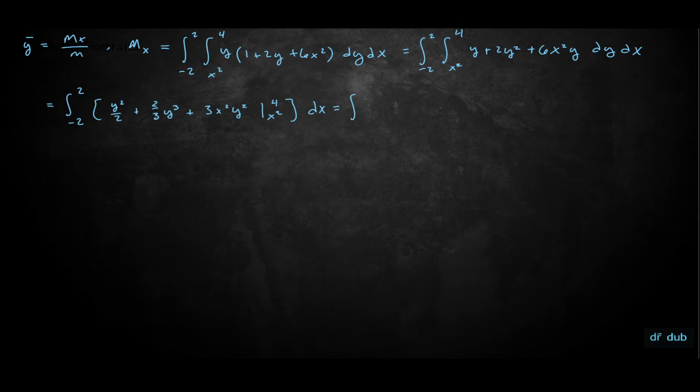And plug in the bounds. This becomes the integral from -2 to 2. And we get 16 over 2, which is 8, plus 2/3 times 64, plus 16 times 3 is 48, so 48x squared, minus x squared squared is x to the 4 over 2, minus 2/3 x squared cubed is x to the 6, plus 3x to the 6 dx.